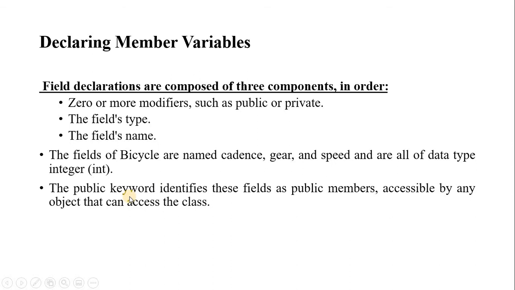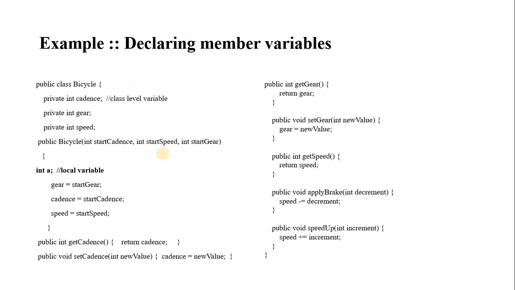The public keyword gives access to any members, and it can be accessible in the class. If you have a public class, that class can be accessible to any other classes. For example, public class bicycle can be accessible anywhere in other classes, or even in any other packages.